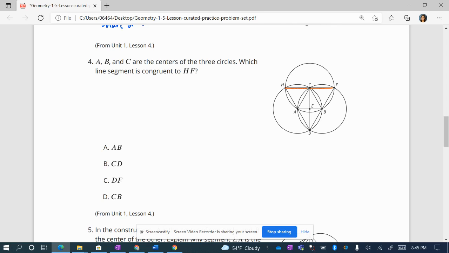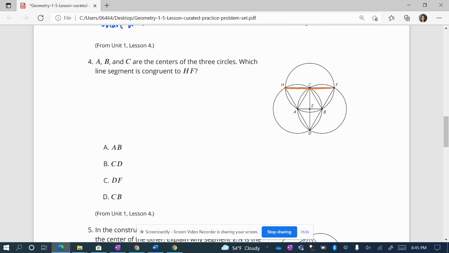Radius AB makes the bottom 2 circles the same, because the circle centered at A has this radius, and the circle centered at B has this radius. This one up here is congruent to A because it has radius AC, which is the same as radius AB. So we know all 3 are the same.